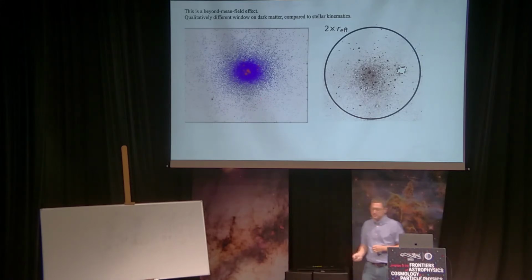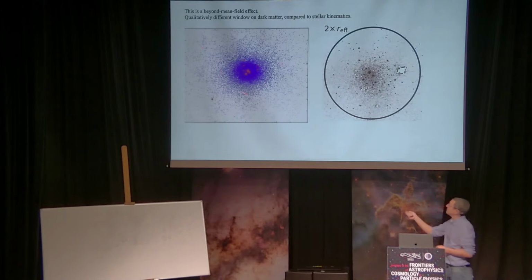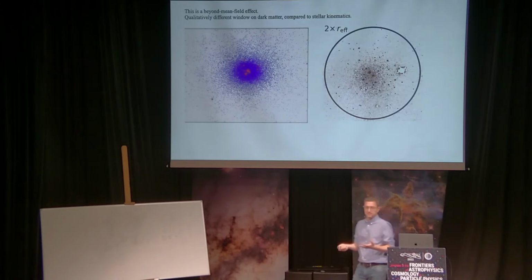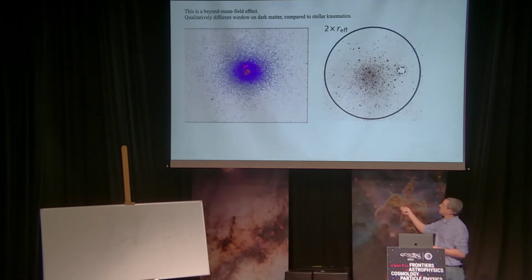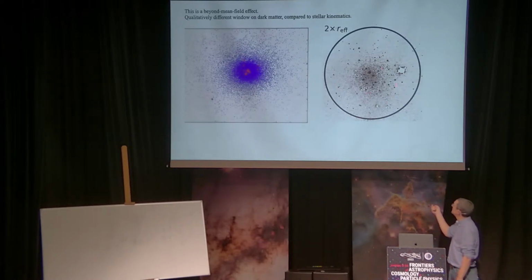And the interesting thing is, if you compare this picture from the numerical experiment to this picture, it seems to be suggestive. We seem to be seeing something here, and the effect that led the red dots to fall inside is a beyond-mean-field effect. It is a qualitatively different probe of what comprises the mass profile of this galaxy.